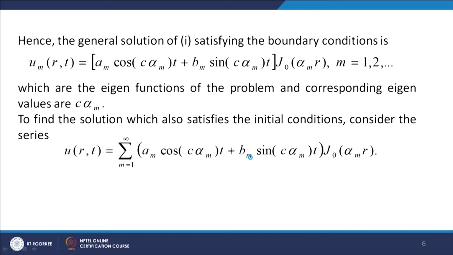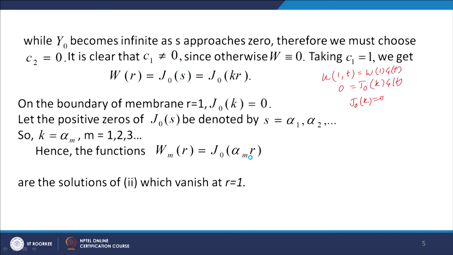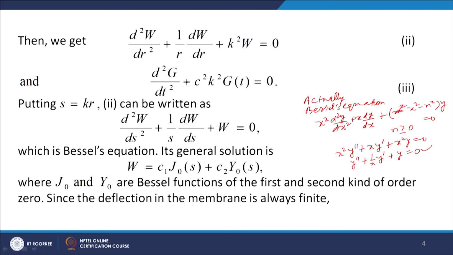Now, hence the general solution of equation 1 satisfying the boundary conditions is, now this part d square G over dt square plus c square k square G equal to 0. Here we have the auxiliary equation m square plus c square k square equal to 0.